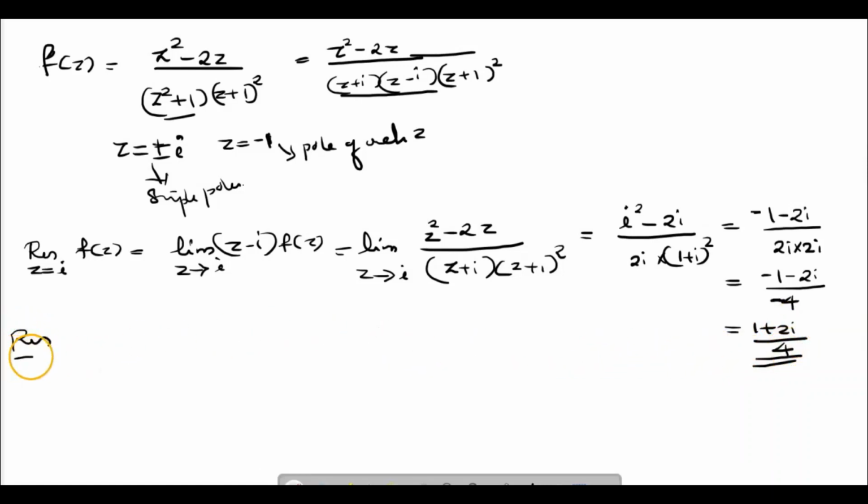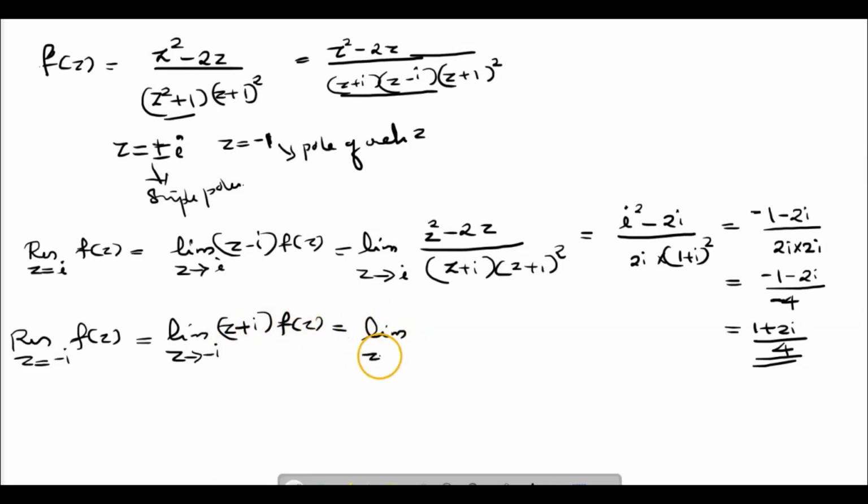Now the residue at z equal to minus i of f(z) is the limit as z tends to minus i of (z minus minus i, that is z plus i) into f(z). So that is the limit as z tends to minus i of (z square minus 2z) divided by (z minus i) into (z plus 1) whole square.